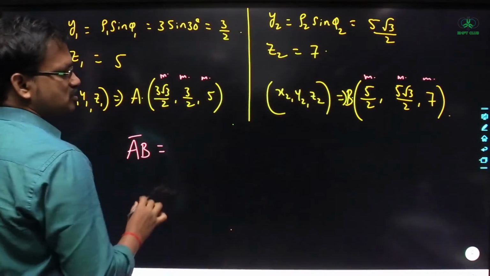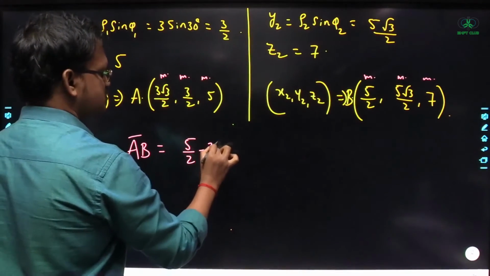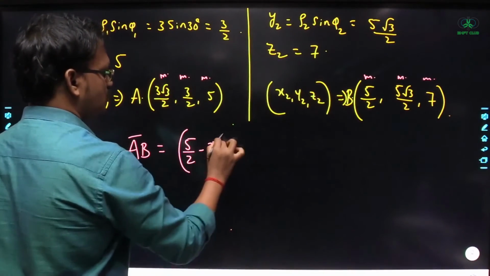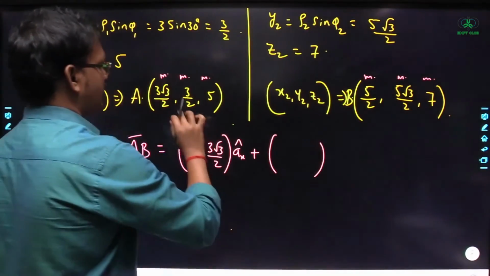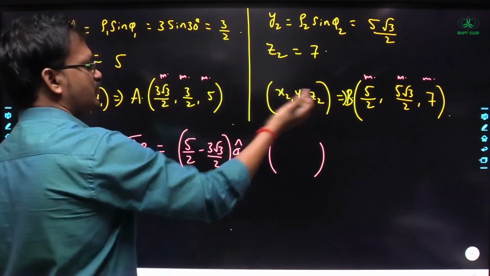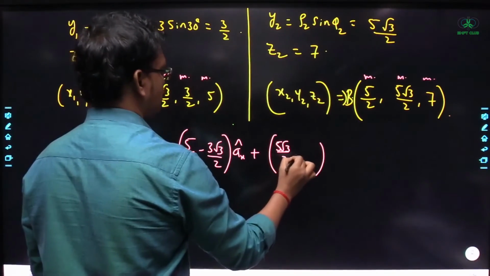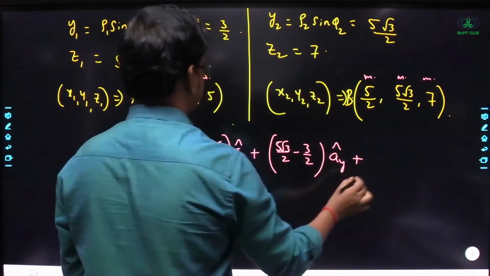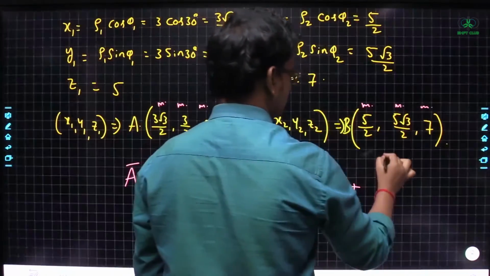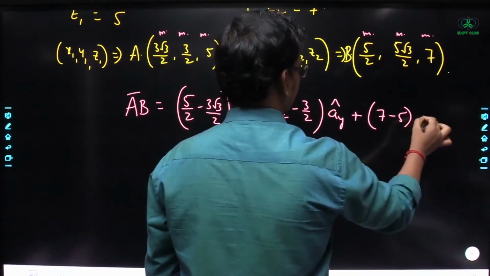So AB bar is equal to the increment in x, that is 5 by 2 minus 3 root 3 by 2, into AX cap, plus the increment in y. As you move from A to B, the increment in y is 5 root 3 by 2 minus 3 by 2, AY cap, plus 7 minus 5, AZ cap.